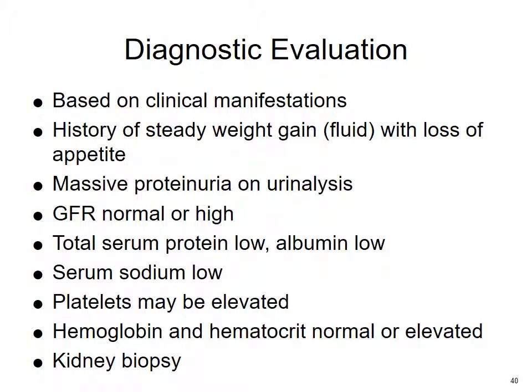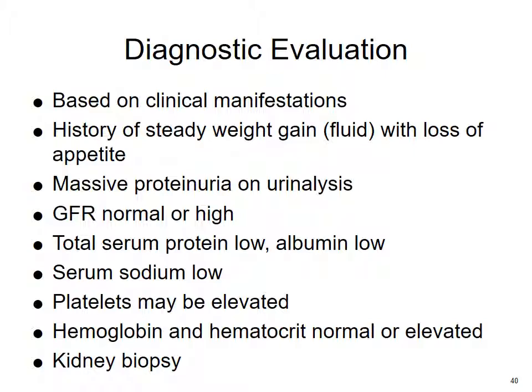Diagnosis of nephrotic syndrome is based on clinical manifestations. So typically we're going to have a history of steady weight gain with loss of appetite. So the child does not feel like eating or drinking much, but they're still retaining a lot of fluid. There's going to be massive proteinuria on urinalysis.